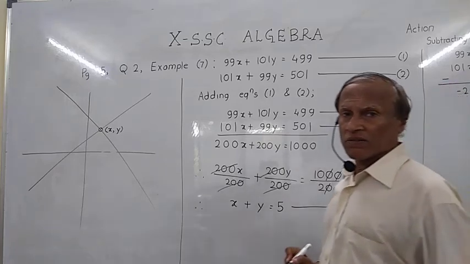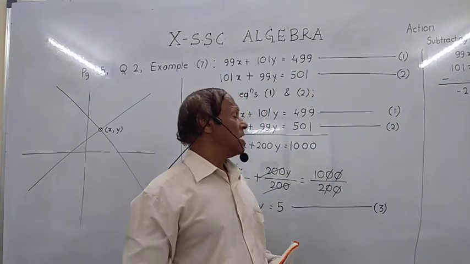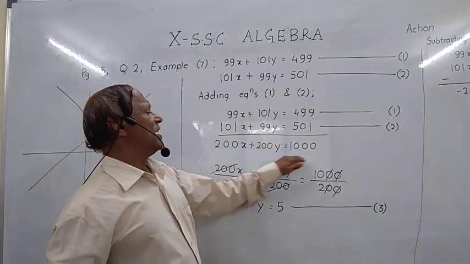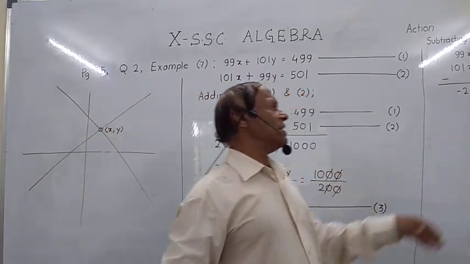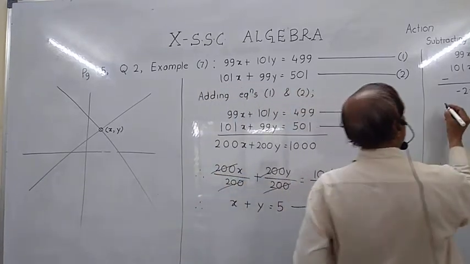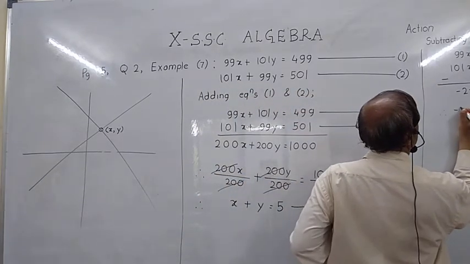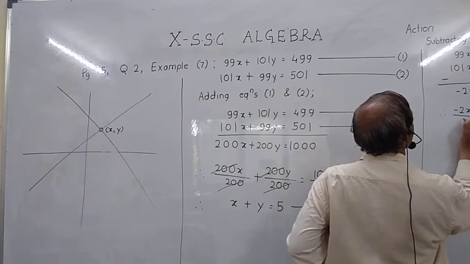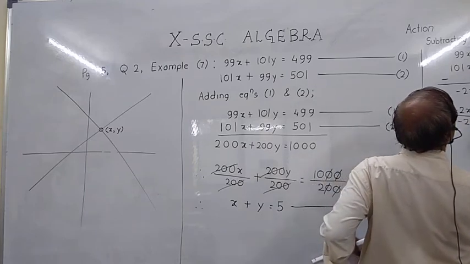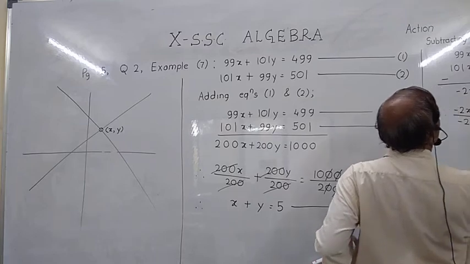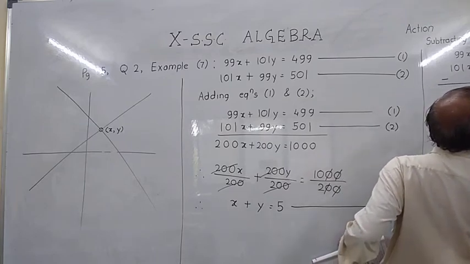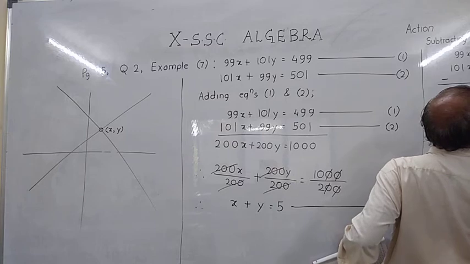Now what we shall do is, just as we divided here by 200, we will divide here by minus 2. Therefore, minus 2x by minus 2 plus 2y divided by minus 2 is equal to minus 2 divided by minus 2.